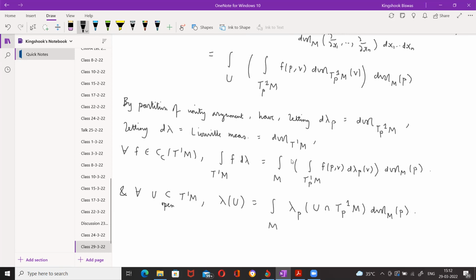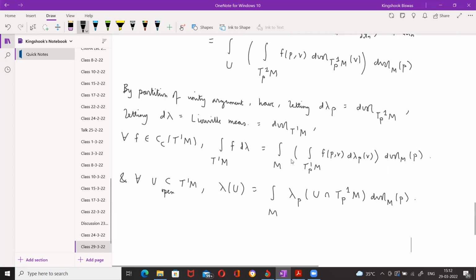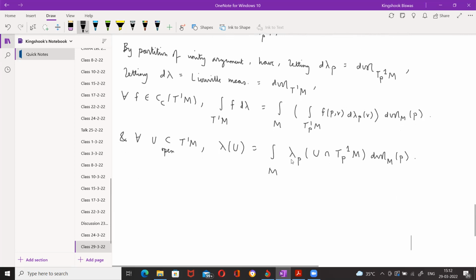Okay, so what is the measure of a subset? How do you get the measure with respect to the Liouville measure? Suppose this is your unit tangent bundle. So here, suppose in dimension 2, you have unit tangent circles, and I have some subset, right? This is my U. So what I do is I integrate over the base.